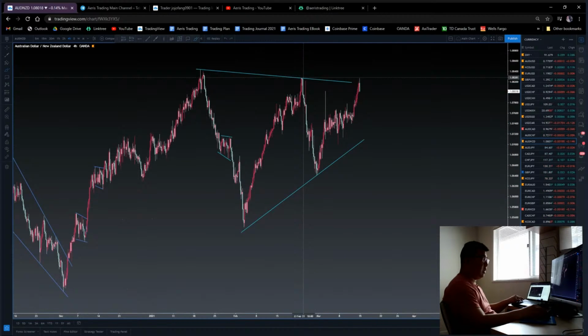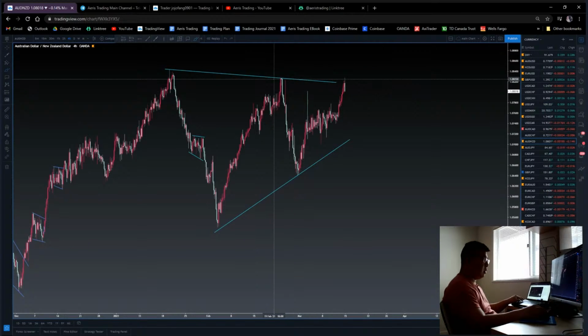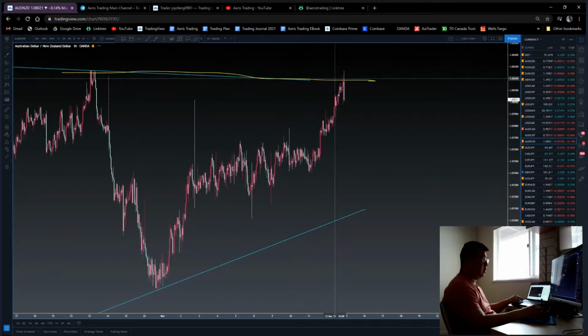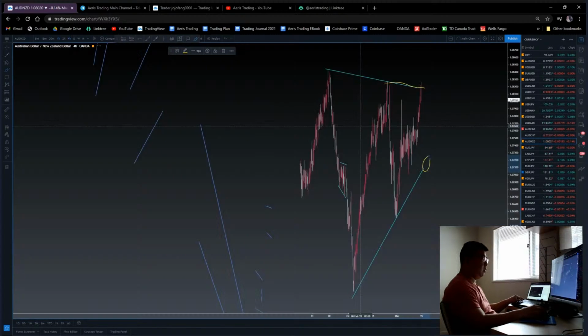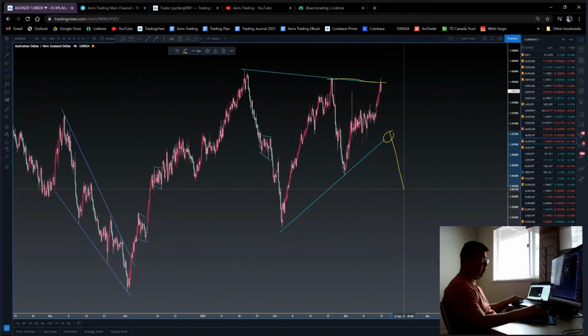Just because it hit this top doesn't mean it's likely to go above. What it's showing here is a small double top rejection, and can the price start forming bearish price action to continue, at least to this low, and then see if price is going to give us a little more confirmation to break out or start going to the top from here.